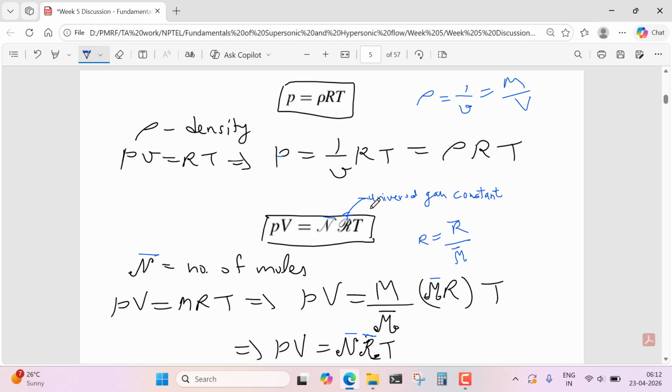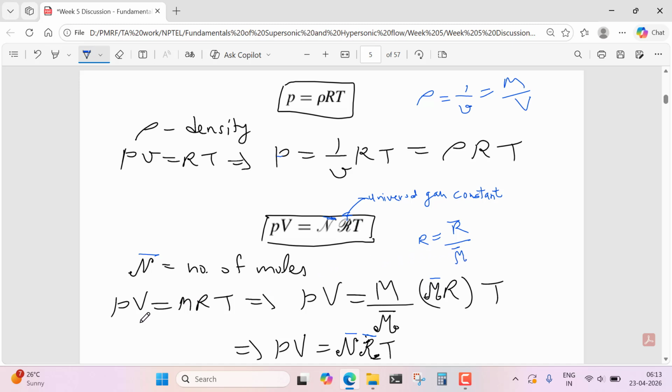Now there is another form, PV equal to n bar R bar T. We will use n bar so we can distinguish that n bar is the number of moles. First, how to derive it: we know that R equal to R bar upon M bar, and R bar is the universal gas constant, M bar is the molecular weight.